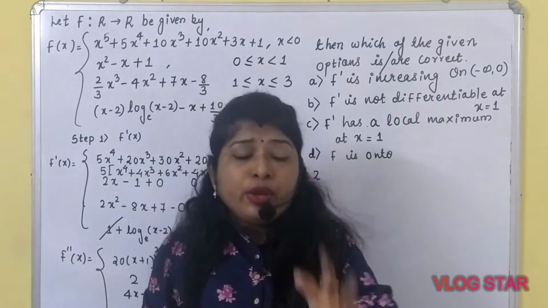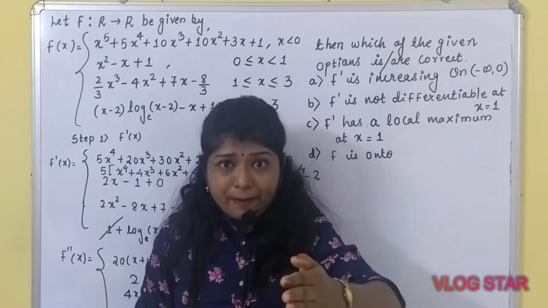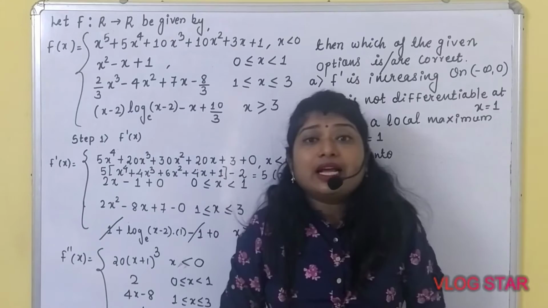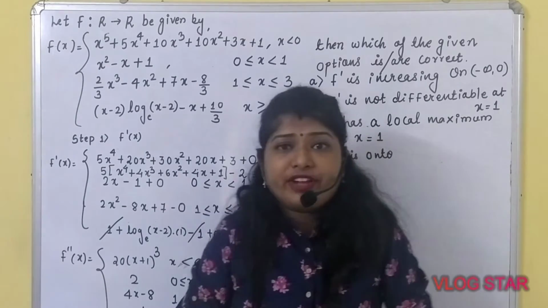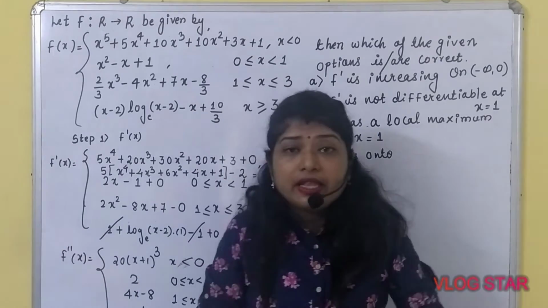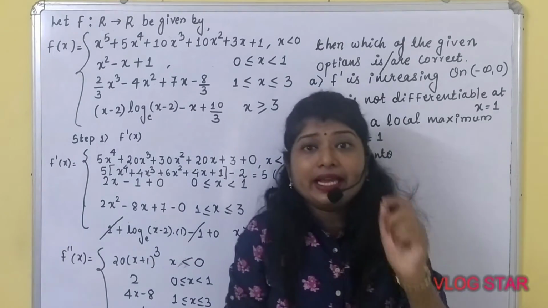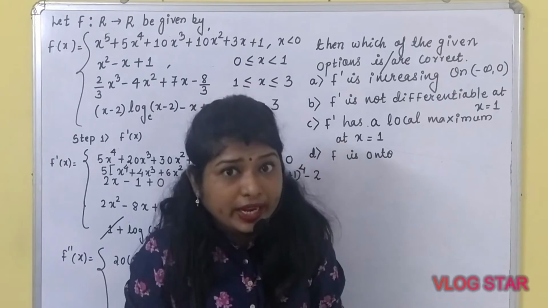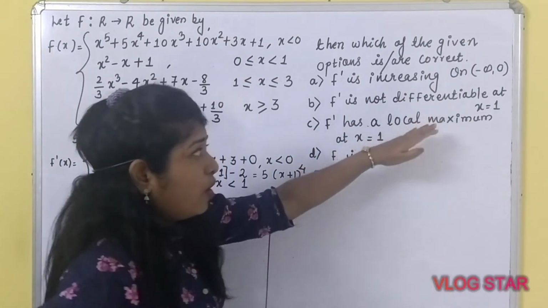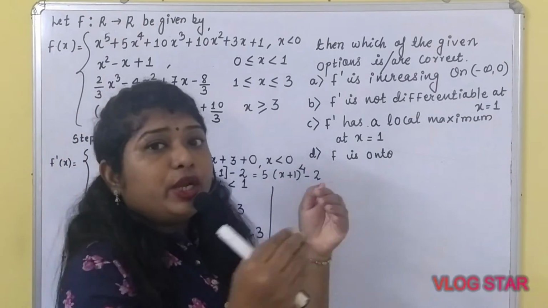Okay. So here you have to remember what is the condition for an increasing function. The condition is if f dash of x is greater than 0, then the function is said to be an increasing function. But they have given that this function is increasing on minus infinity to 0.